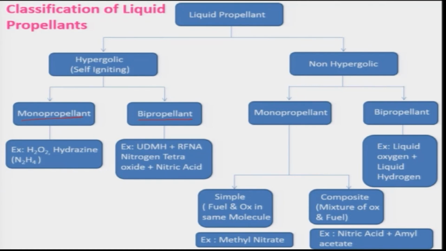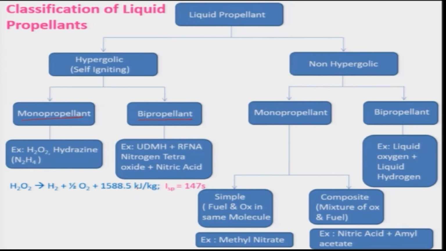For example, hydrogen peroxide can be decomposed into water and oxygen whenever it comes in contact with a catalyst, and can give rise to 1588.5 kilojoule per kg of heat, and as a result this heat can be transferred to the propellant's products, so that this high temperature, high pressure gas can be expanded in a nozzle to produce thrust.